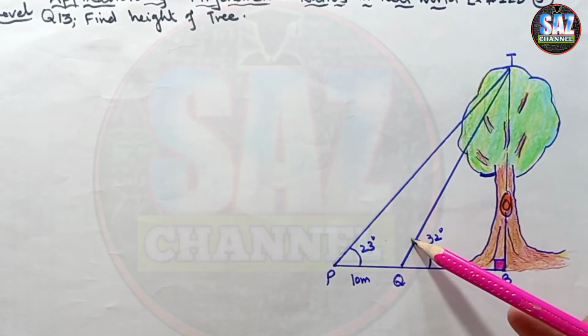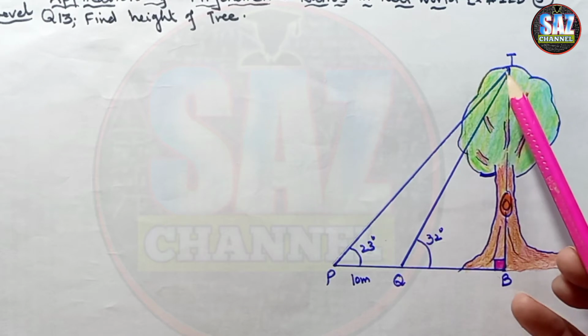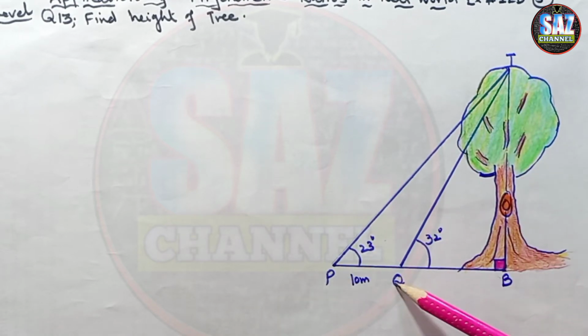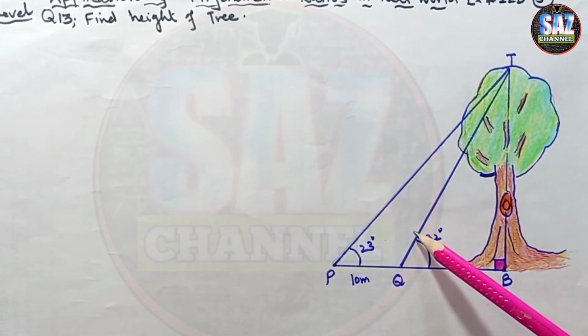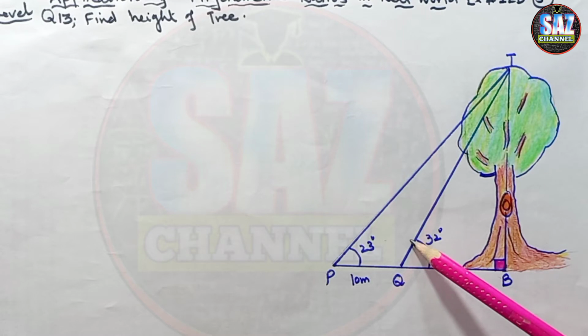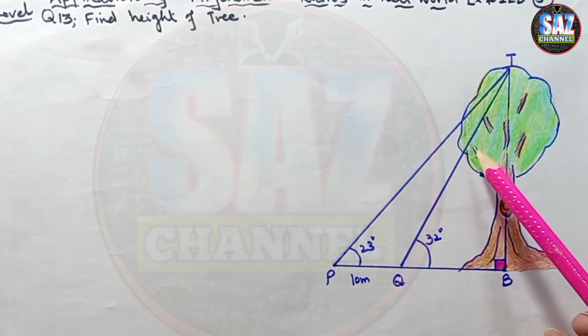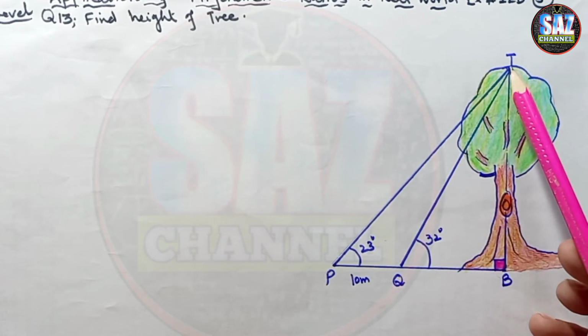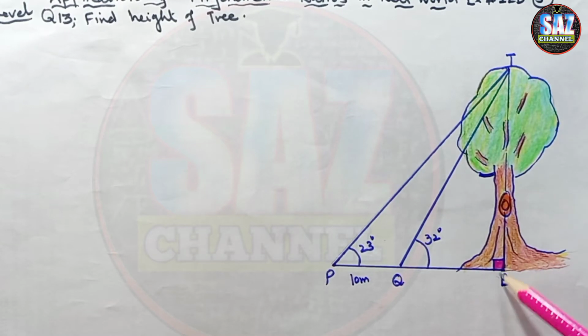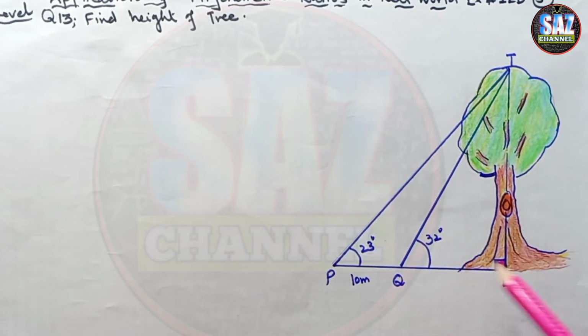They try to apply basic trigonometric ratios on the triangle TPQ. Here, I want to say that on this triangle, we cannot apply basic trigonometric ratios because this is not a right triangle. So, our focus will be either the triangle TBQ or TBP.